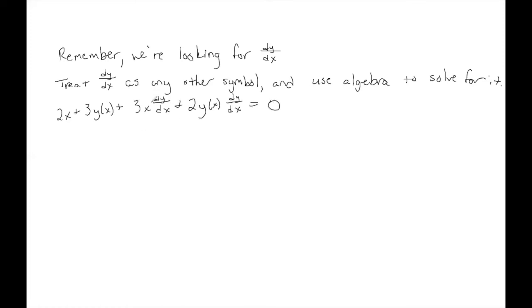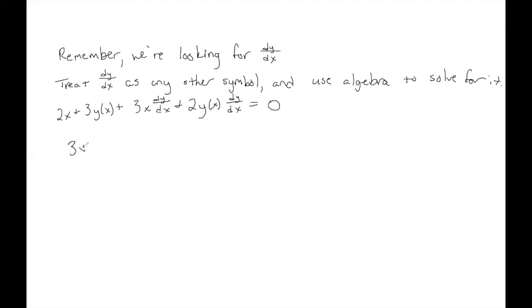Okay, so I want to solve for dy dx. I have two instances of it. This is something I can handle. Let's isolate any term with a dy dx in it, right? Just as we would isolate any term with an x in it, or whatever we were choosing to solve for.